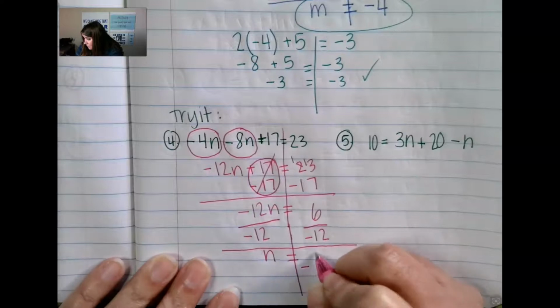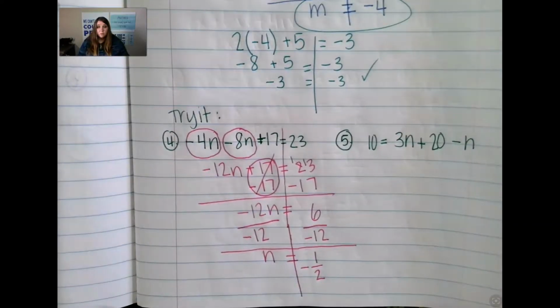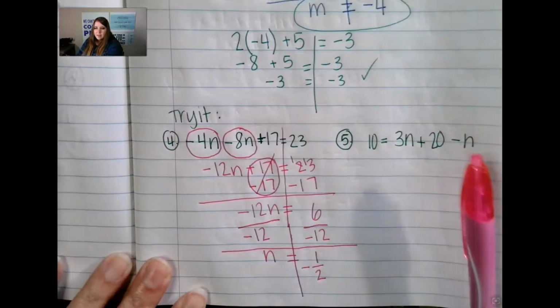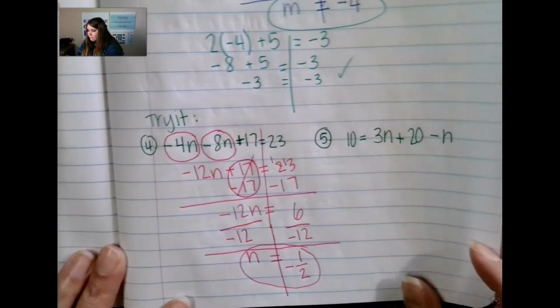So that's negative 1 over 2. That was a very weird one, and I'm sorry for it being weird. How did you do on that one? And now let's check on this one here. So my solution is n equals negative a half.